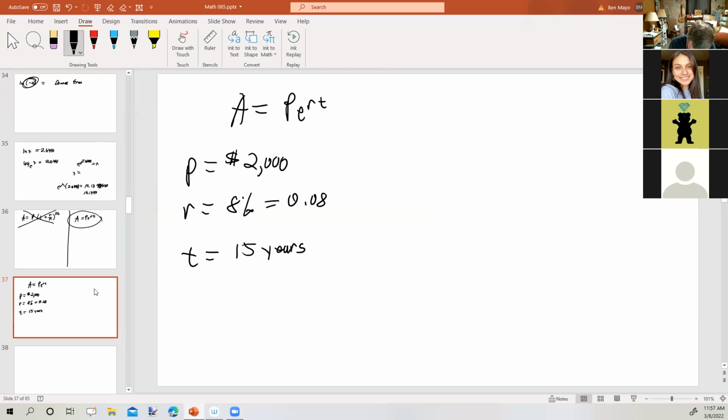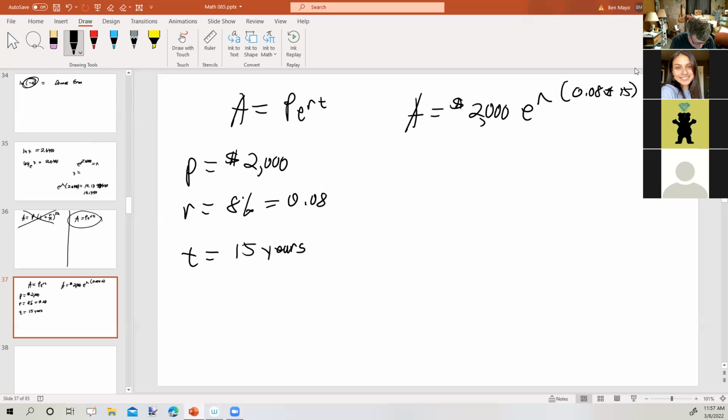Okay, so A equals $2,000 times e to the 0.08 times 15. And as I mentioned before, we could predetermine what 0.08 times 15 is if you want to, but don't round it off to something, keep it exact.